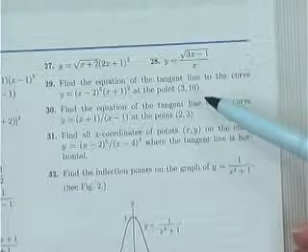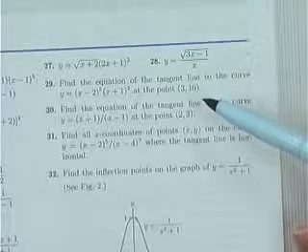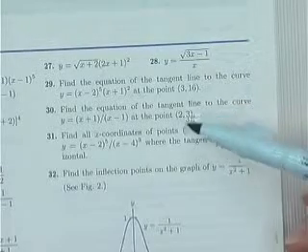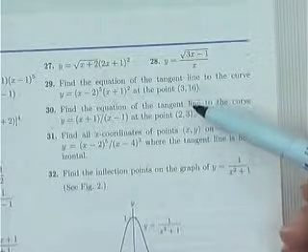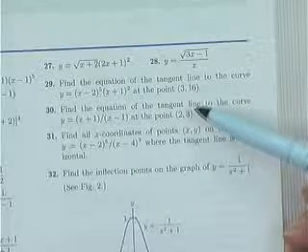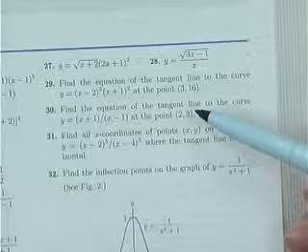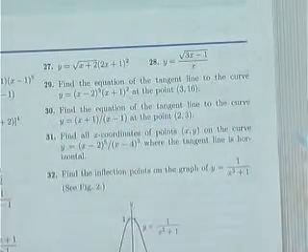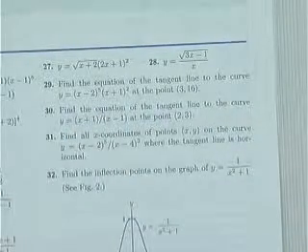Well, we've drilled on that before. To write the equation of a tangent line, you've got to have a slope, and a slope is a derivative, and then you've got to have a point, so you've got to get the derivative at that point, and then you can write the equation of the tangent line. So it's the same concepts, but the problems now involve a product or a quotient rule.